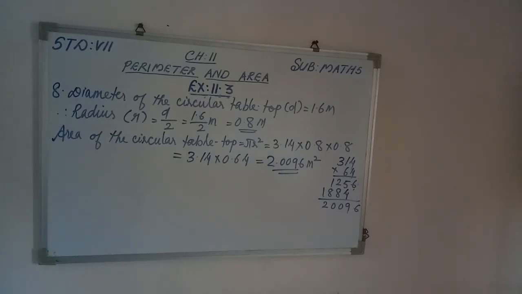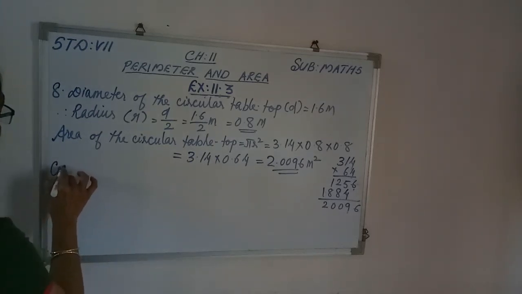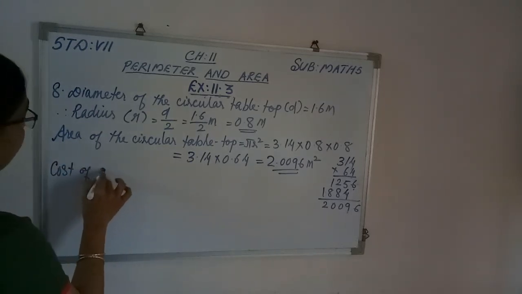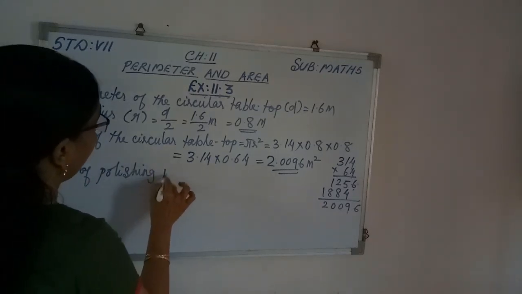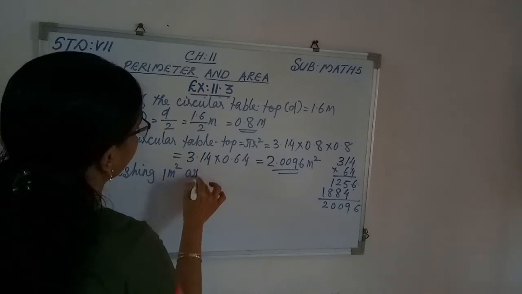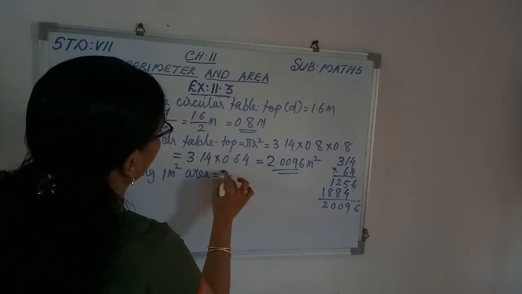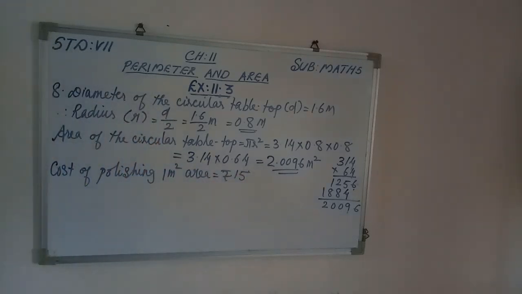2.0096 meter square. Now, the cost of polishing 1 square meter area is rupees 15. So we can write, cost of polishing 1 meter square area is rupees 15.